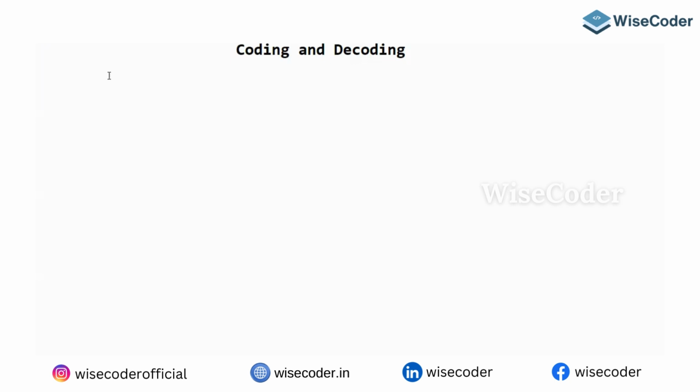Decoding refers to the process of arriving at an equivalent English word from the code given. Now, in these questions, a particular code is given, and on the basis of this given code, we have to find out how another English word can be coded.